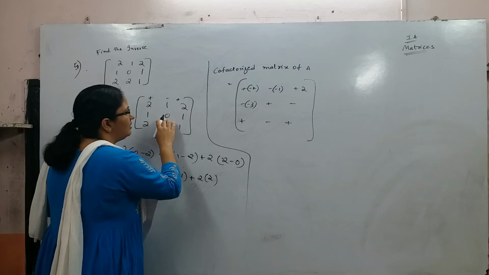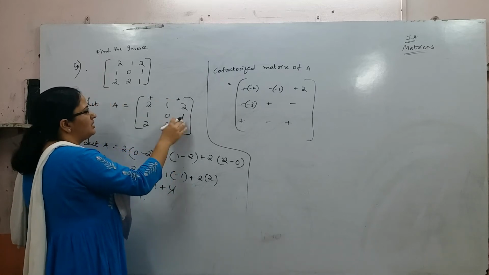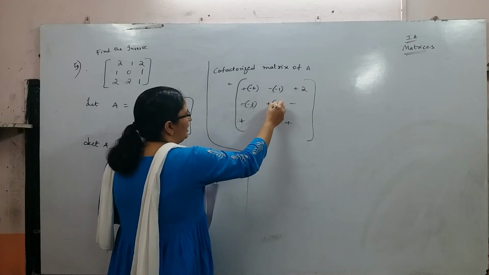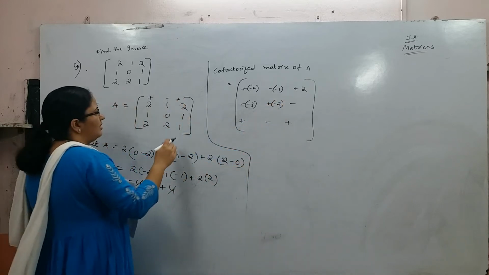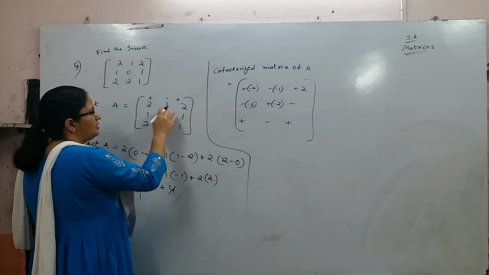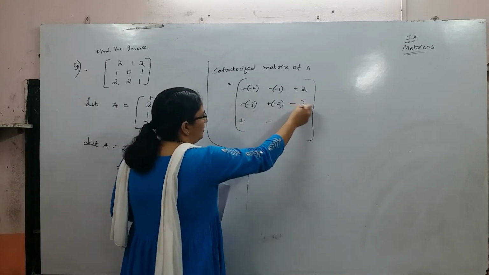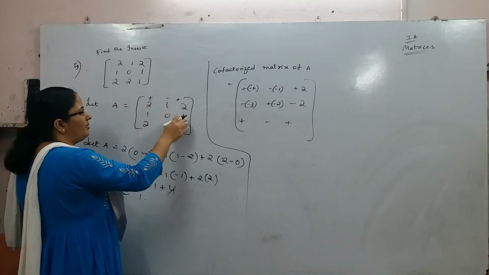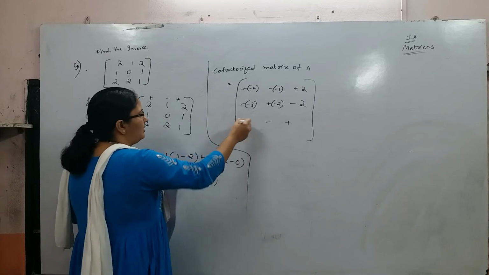For 0, close this column, close this row. 2 minus 4, minus 2. For 1, close this column, close this row. 4 minus 2 is 2. For this element, close this column, close this row. 1 minus 0, 1.